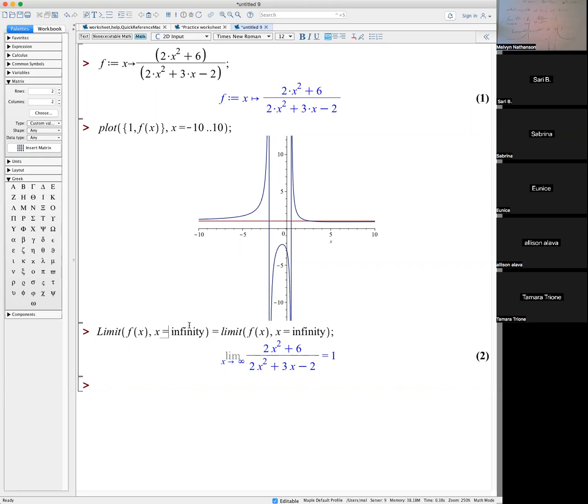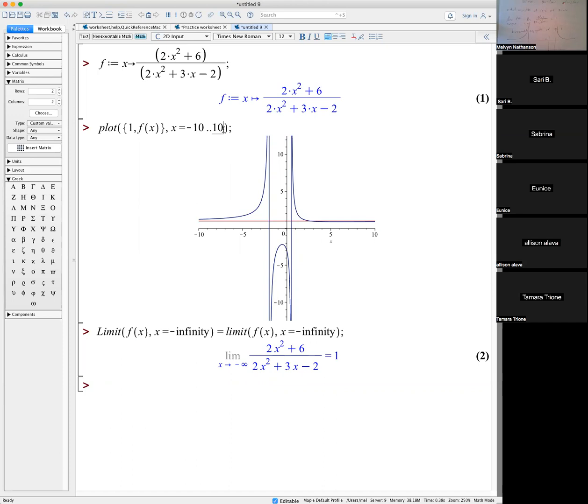And if I change this to minus infinity, the limit is also 1. So that shows exactly that you have a horizontal asymptote at the horizontal line y equals 1 as x goes to plus or minus infinity.